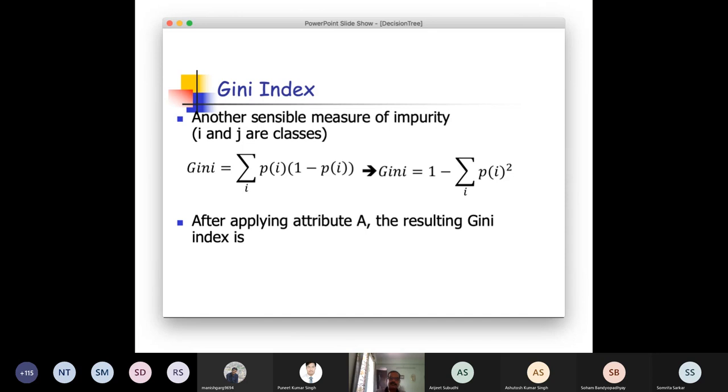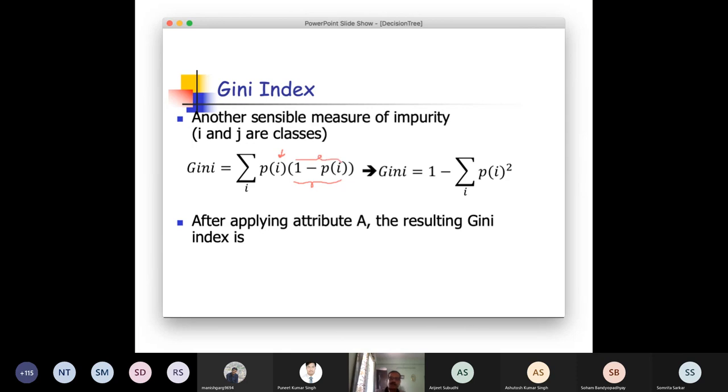You are computing the expectation of this factor. You can consider it a kind of probability of error. Suppose I select a class level, and class level i occurs with probability pi, so the error occurs with probability 1 minus pi.